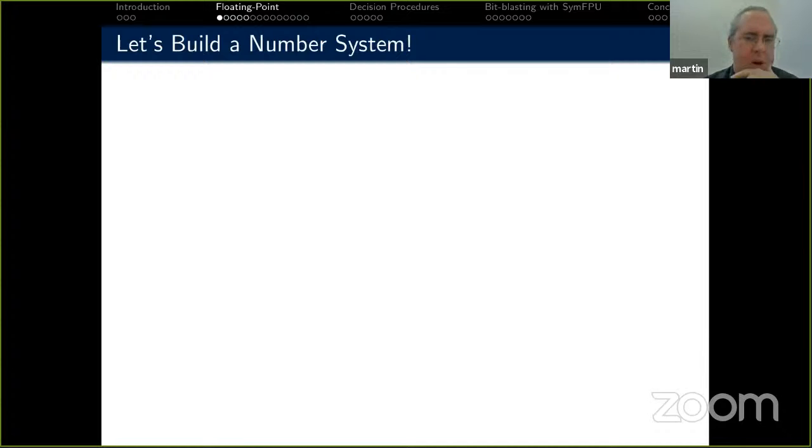So first off, can I have a quick show of hands in the chat? How many people feel they are confident that they understand floating point? Hand up if you do. I suppose I should probably put a hand up, shouldn't I?